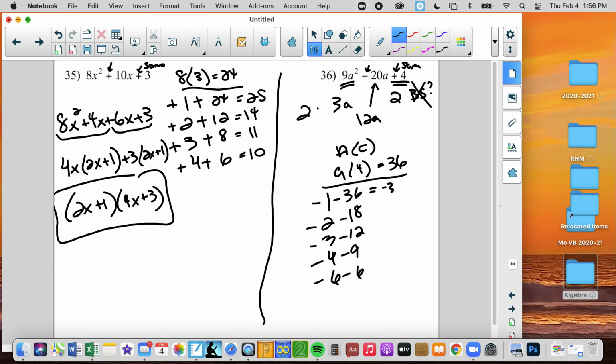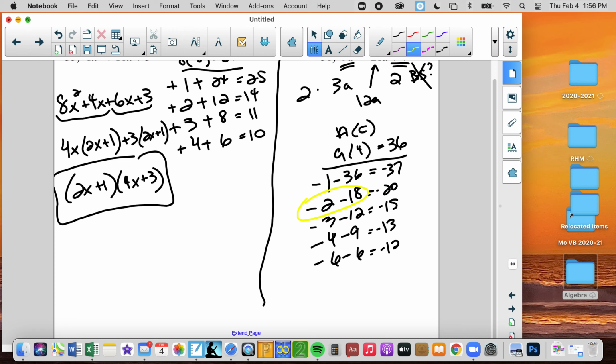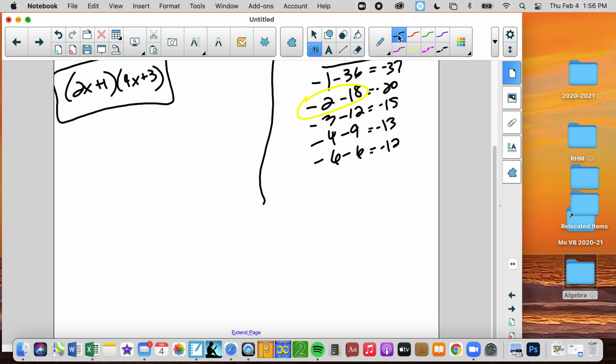So I get negative 37, negative 20, negative 15, negative 13, negative 12. So negative 2 and negative 18. So I make this 9a squared minus 2a minus 18a plus, I think it was 4.